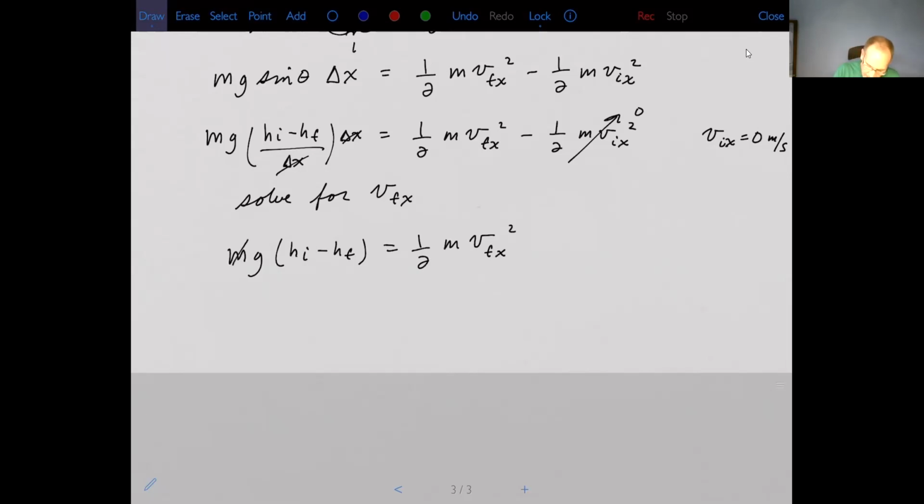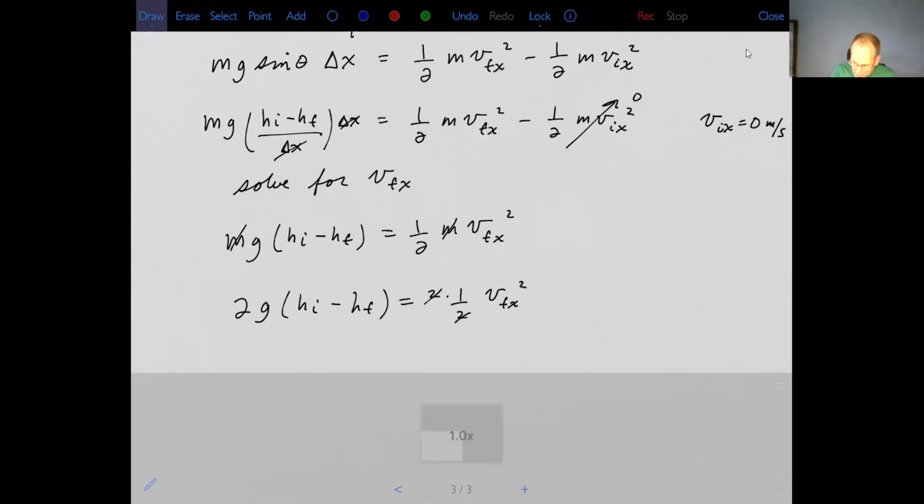You can cancel out the m's and multiply both sides by 2, so the 2 cancels with the 2 in the denominator of the half. Then finally take the square root of both sides.